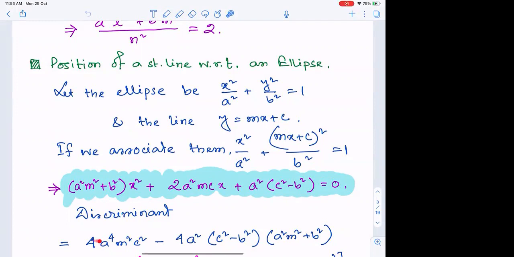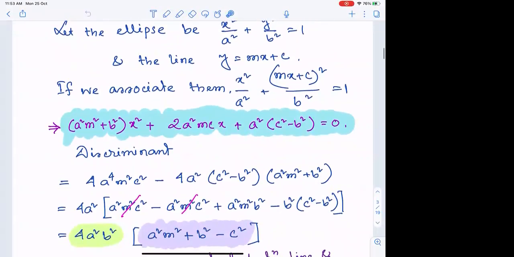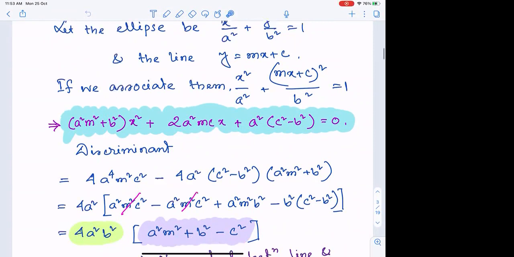If this discriminant is negative, then the line does not come into contact with the ellipse. And the most special fact is when the discriminant is 0, this line can be identified as a tangent of the ellipse. We have simplified the discriminant a bit and reduced it into the form of 4a square b square into (a square m square plus b square minus c square).